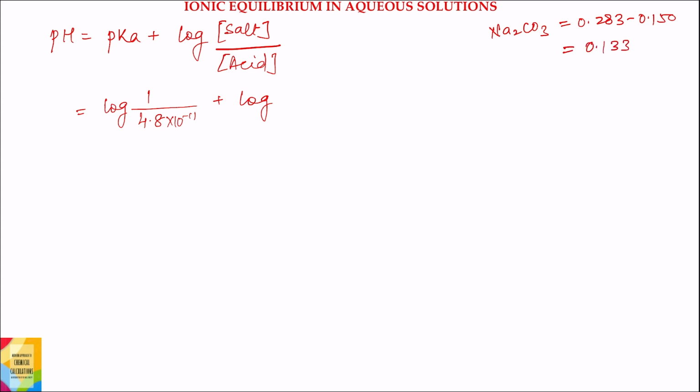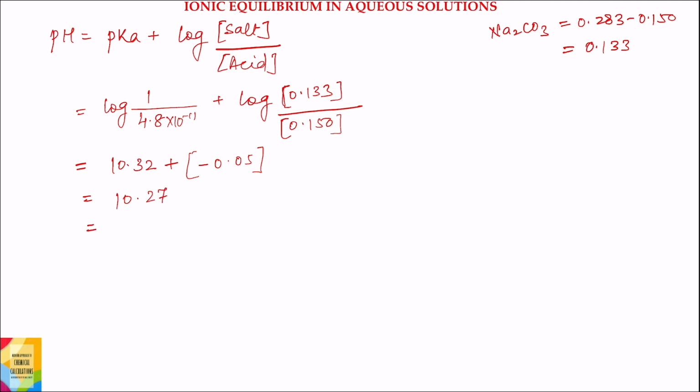So this is log 0.133 divided by the acid concentration, 0.150. The value of log 1 by 4.8 into 10 to the power minus 11 will be 10.32 plus log 0.133 divided by 0.150, whose value will be minus 0.05. Solving, pH will be equal to 10.27, or approximately it is equal to 10.3. So this is the pH of the solution.